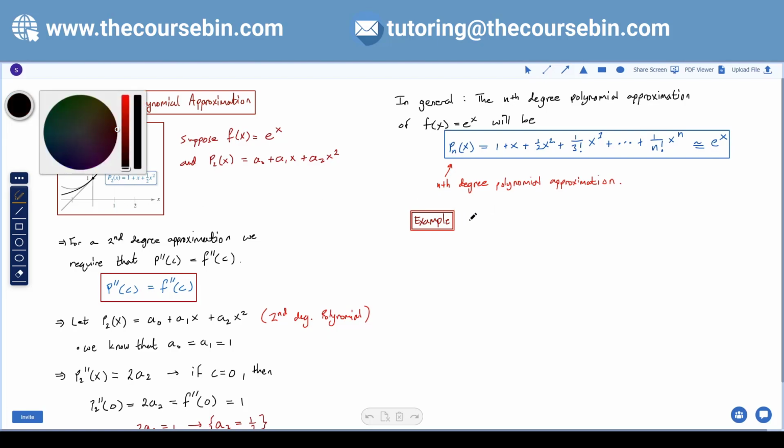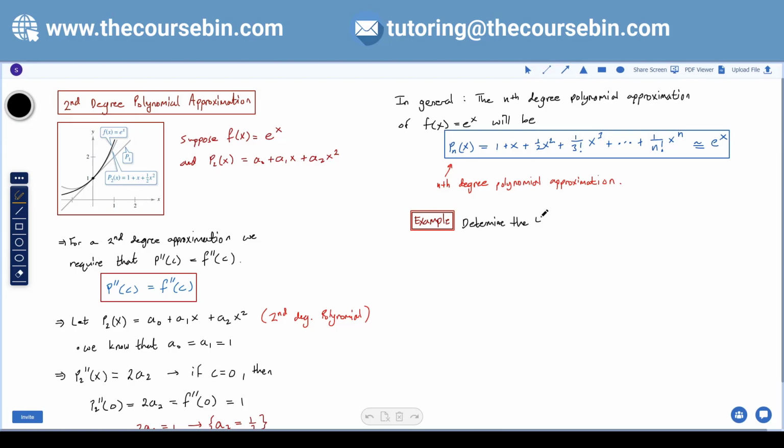So say determine the fourth degree polynomial approximation of e to the power of x. Okay. So according to our result over here, right?